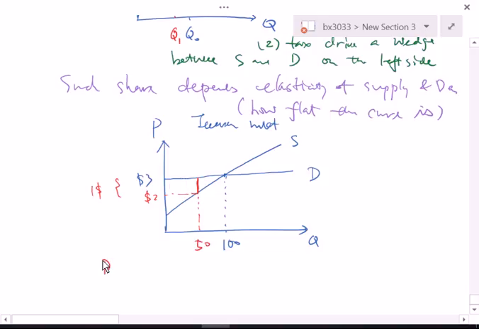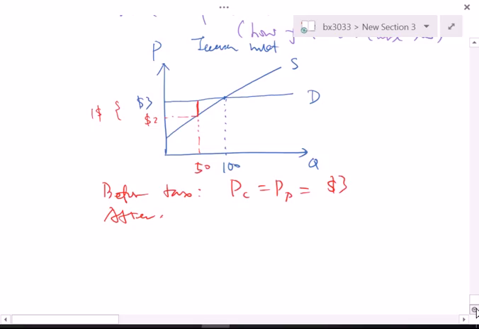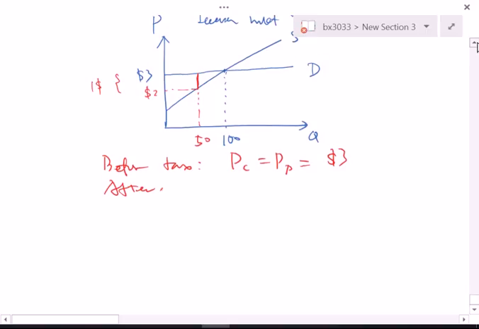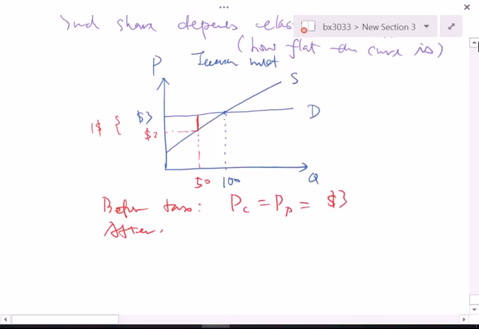So before tax, the consumer price is equal to the producer price, $3. After the tax, the consumer still pays $3. The producer receives $2. The difference between them is the tax.